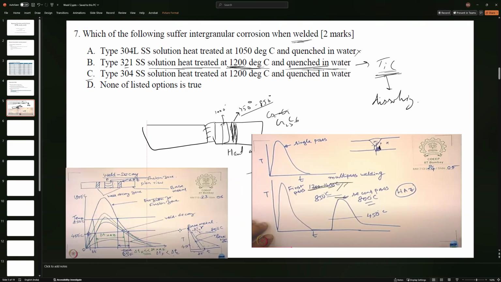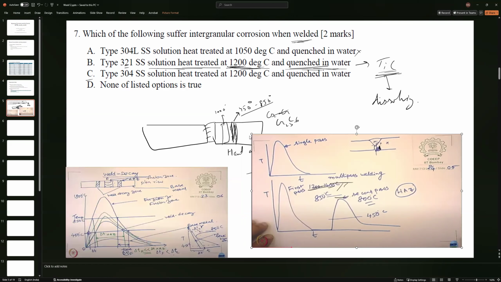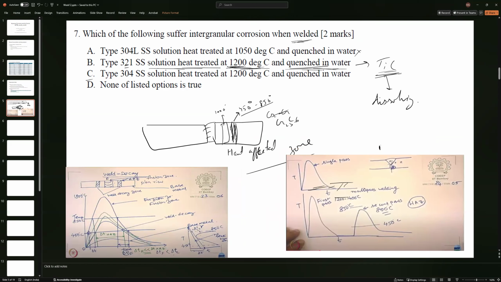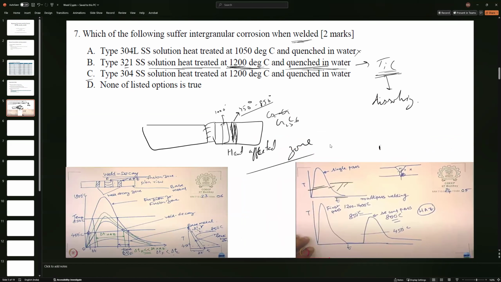But this figure is for the actual welding process. The heat treatment is prior to welding. So maybe titanium carbide, or all the carbides, might have been dissolved. But when we again weld, and after welding the sample or the test piece cools down, in the region very close to the weld, the weld is maybe 1800 degrees Celsius, perhaps even higher.